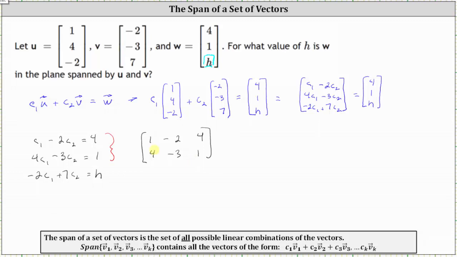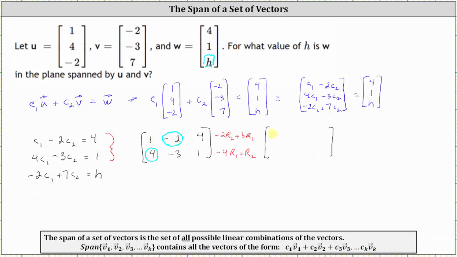Let's get a 0 in row 2, column 1, by replacing row 2 with negative 4 times row 1 plus row 2. And since the least common multiple of 2 and 3 is 6, let's replace row 1 with negative 2 times row 2 plus 3 times row 1. Replacing row 1 with negative 2 times row 2 plus 3 times row 1, we have negative 2 times 4, which is negative 8, plus 3 times 1, which is 3.